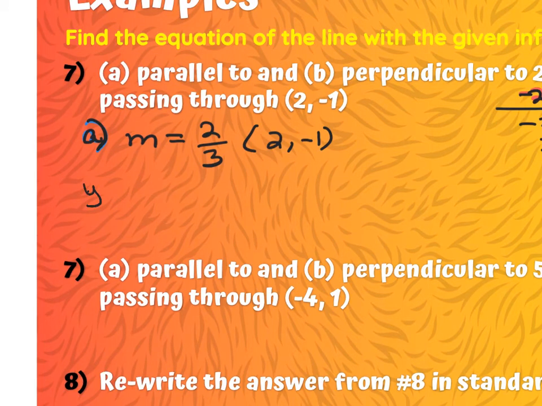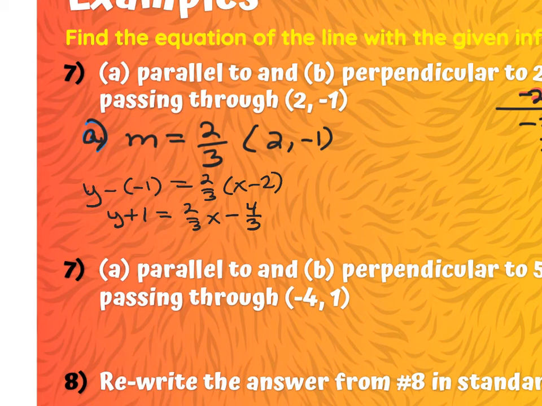So again, be careful with this negative. So y minus negative 1 equals 2/3 times (x minus 2). I'm going to simplify the negative negative, make this become y plus 1. I'm also going to distribute the 2/3. And now I have to move the 1.